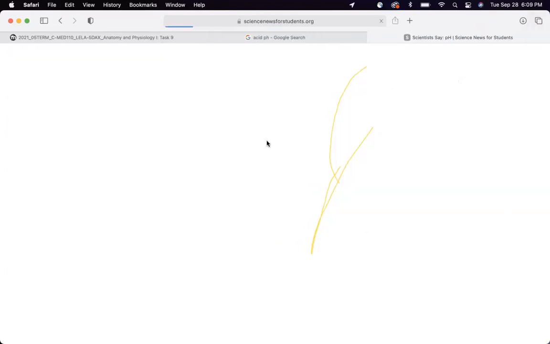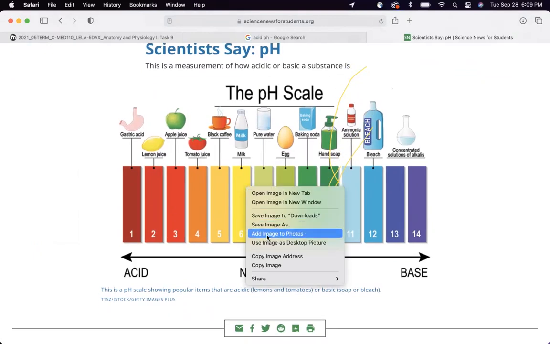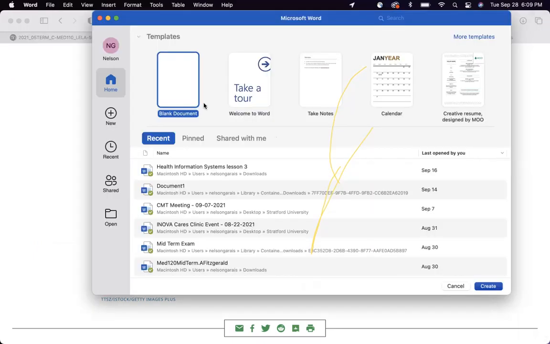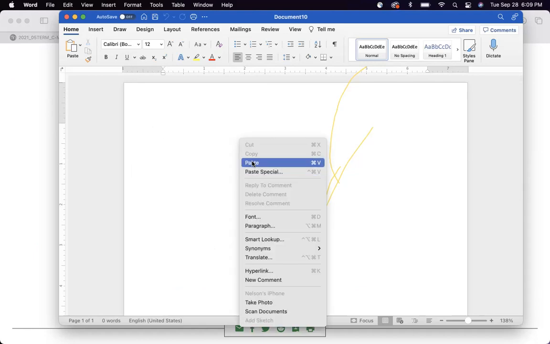Maybe I can do a better, bigger image. There you go. And I can take this image.